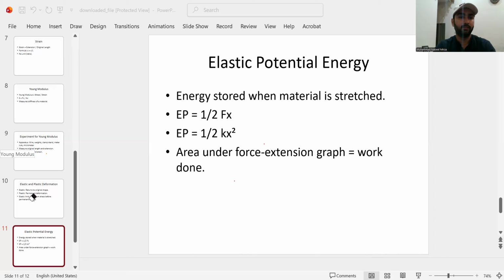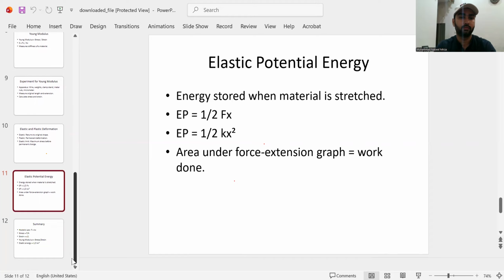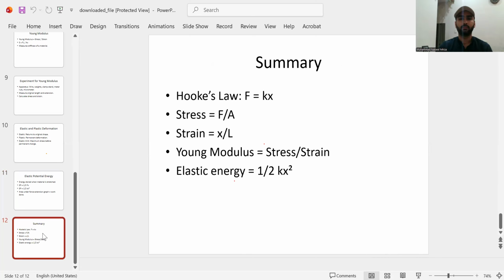Now we will see the total summary of this topic of deformation of solids, in which we read, what we understood, and the overall results. First of all we studied Hooke's law. We see what the scientist Hooke said about it.